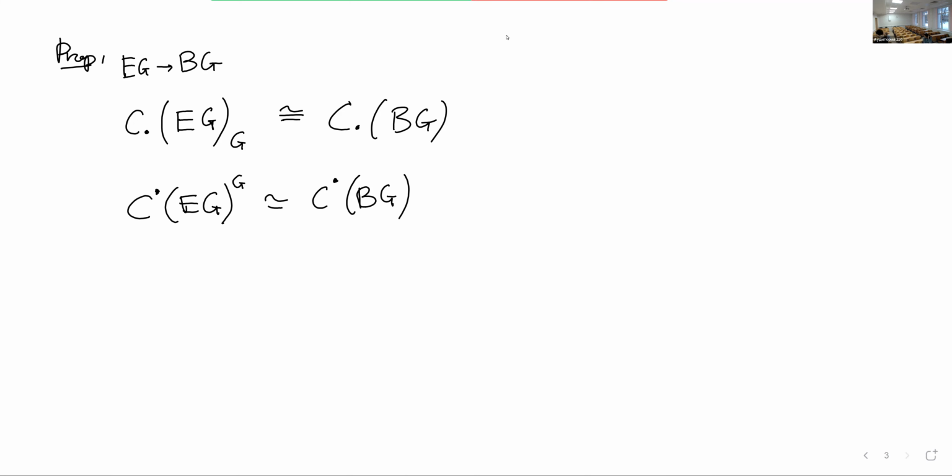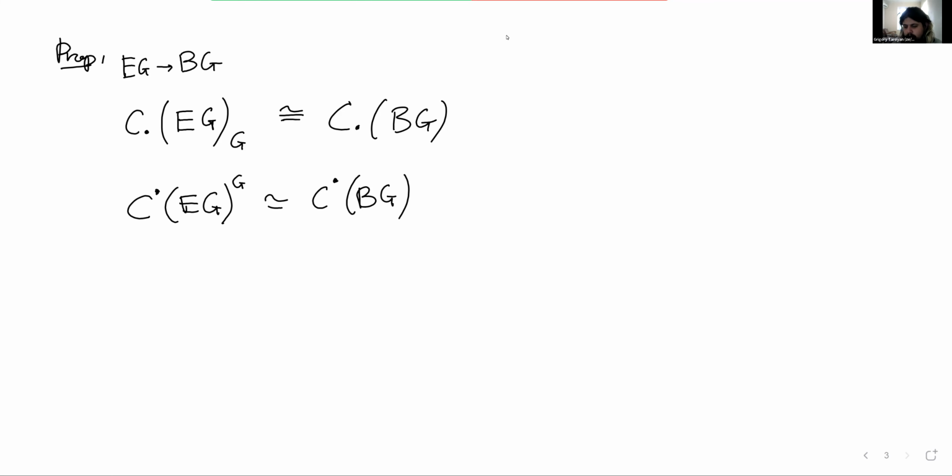So hold on. What do you mean the action of G on itself? Well, we just have G as a set, and it acts on itself by multiplication, and then we take its nerve, and it's a model for EG. Well, as Vladimir explained, it's a model for BG, not EG.